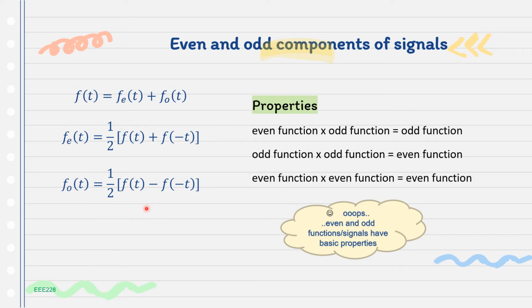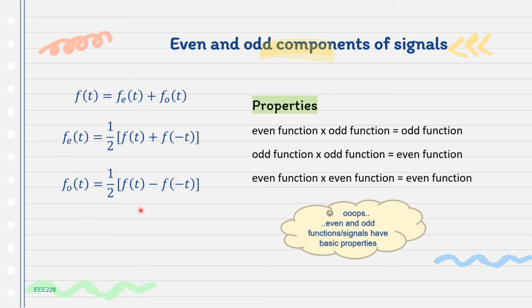When we want to find the odd or even component, what do you need to know? You need to know f(t), the signal itself, and then f(-t). If you add f(t) and f(-t) and divide the addition by 2, that is the even component of the signal.